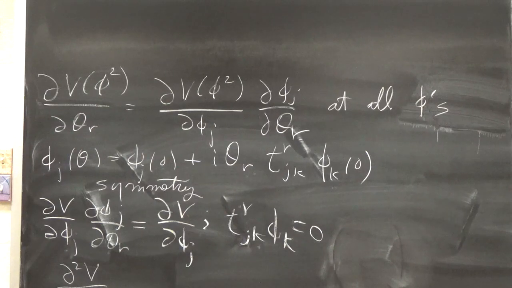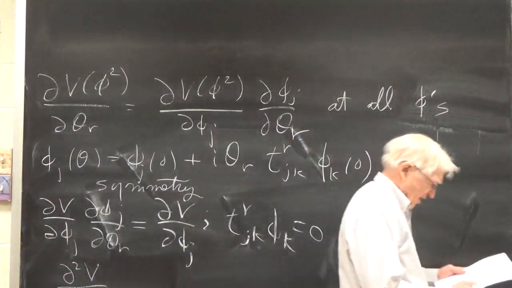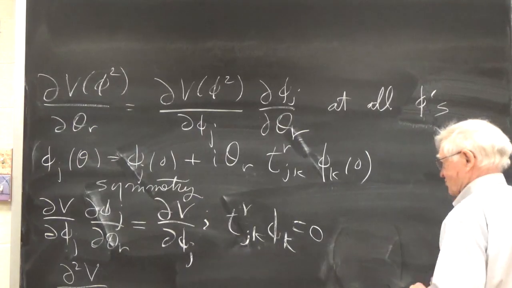The T's are imaginary and anti-symmetric. iT is then real and anti-symmetric, and that makes the whole thing orthogonal. So the T's are Hermitian, imaginary and anti-symmetric. iT is real and anti-symmetric. Okay, I hope we've got that straight.